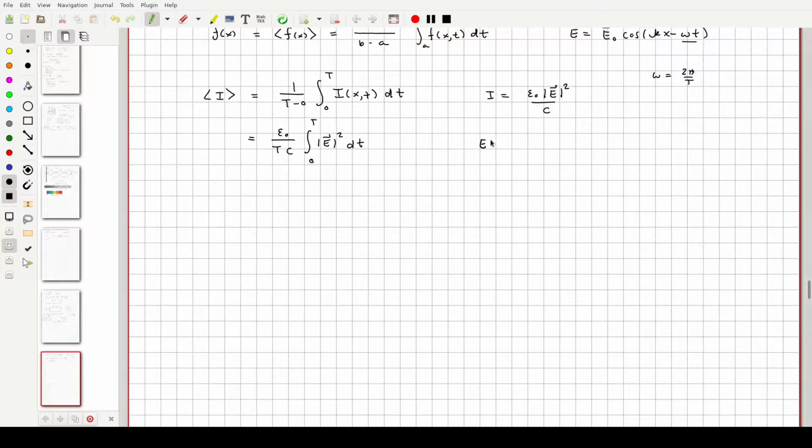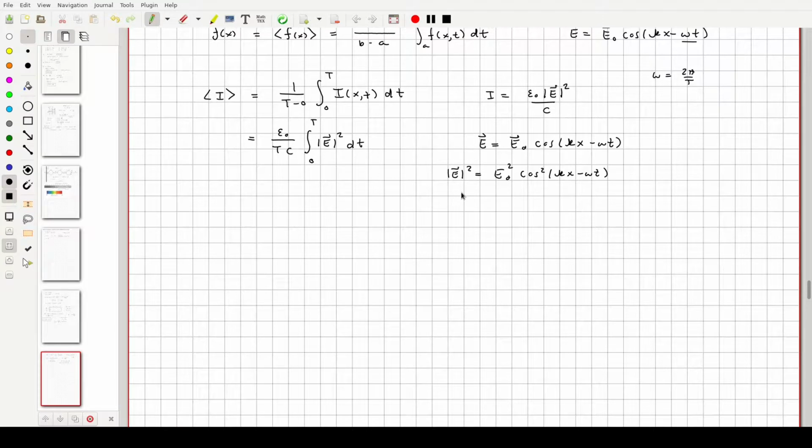Like I said, E itself is going to look like, as a vector, E naught times cosine of kx minus omega t. To get E squared, you dot it with itself, which gives you the magnitude squared times cosine squared of kx minus omega t.